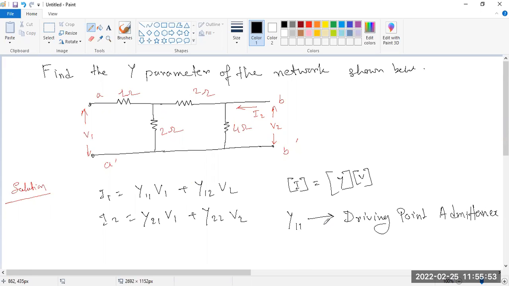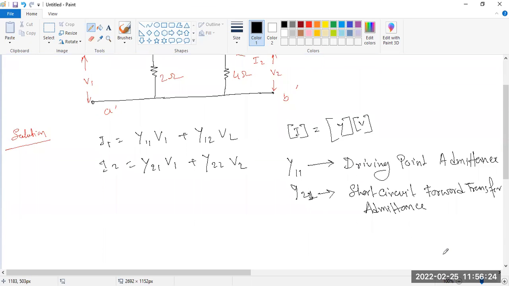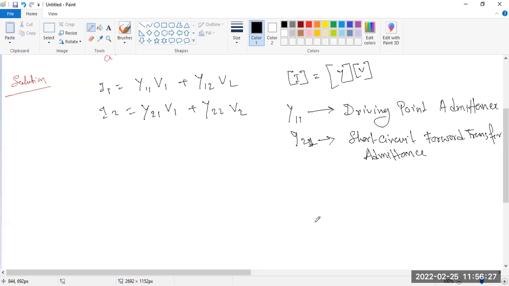Then Y21 is the short circuit forward transfer admittance, or the transfer admittance. Another one is Y12.